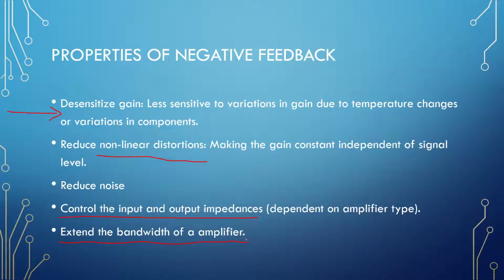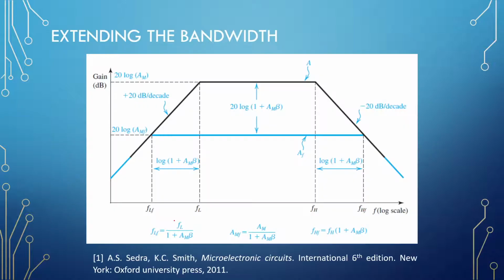What happens generally is the more you increase the gain of the amplifier, the less the bandwidth becomes. So technically, when you're applying feedback, you push that gain downwards and you spread out the bandwidth a little bit.